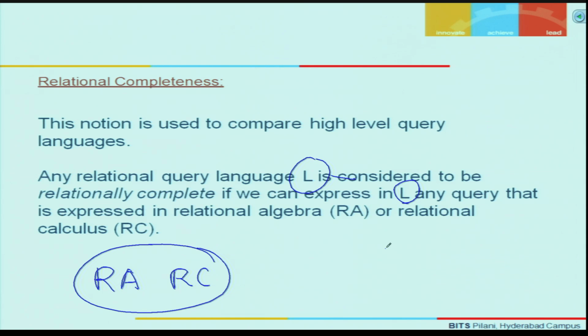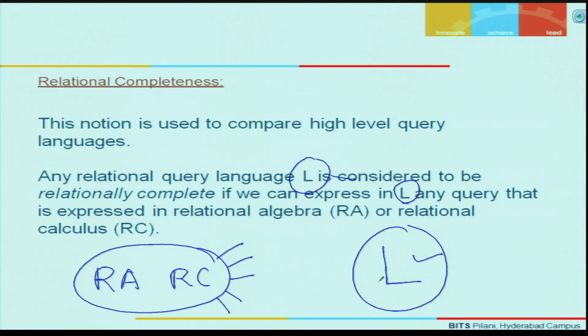Suppose I have proposed a query language for the relational model whose name is L. When can I say that this query language L is relationally complete? When whatever query you can specify using relational calculus or relational algebra, you can also specify using your language L, then I can say that L is a relationally complete language.